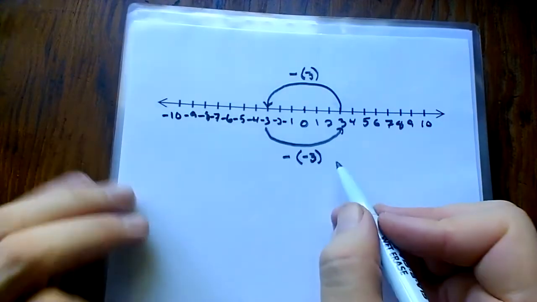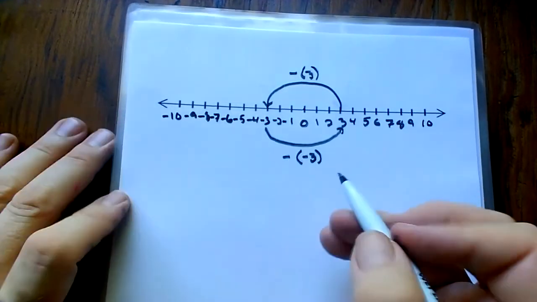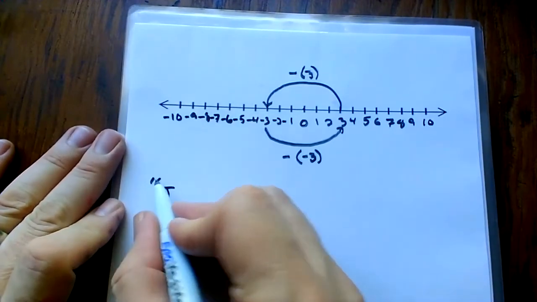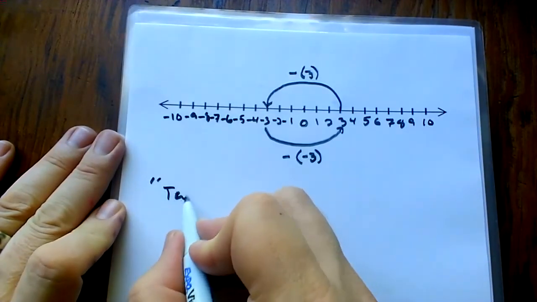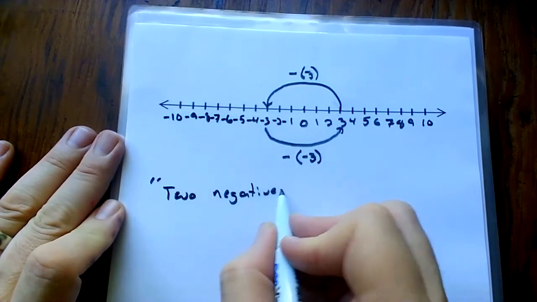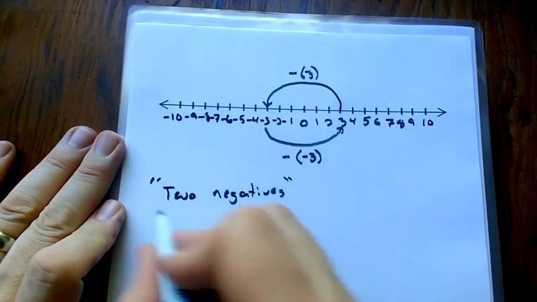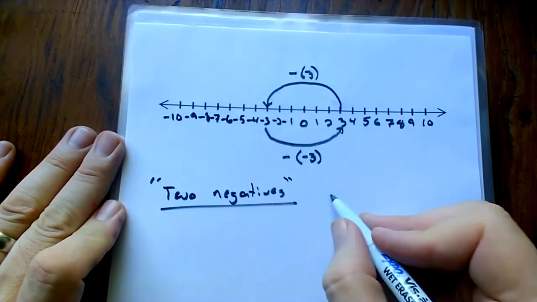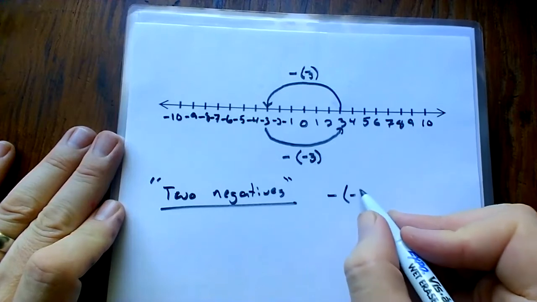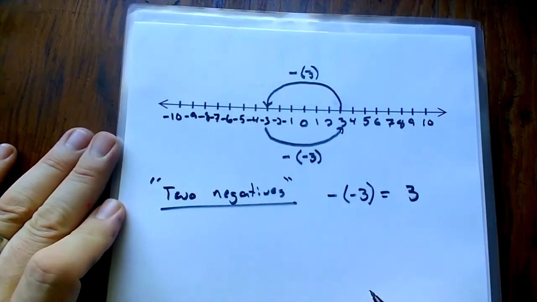And something that you might notice is that you might have heard before that 2 negatives make a positive. 2 negatives, in fact, can cancel each other. So whenever you see a negative and a negative, this is just going to be equal to a positive number.